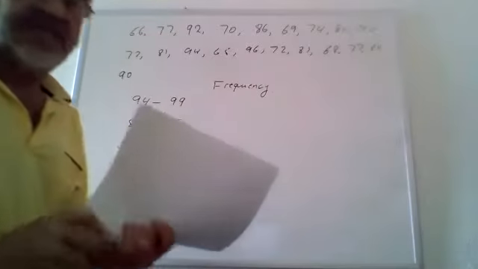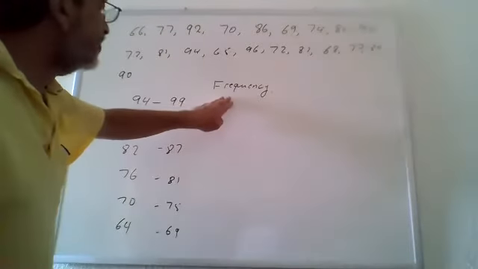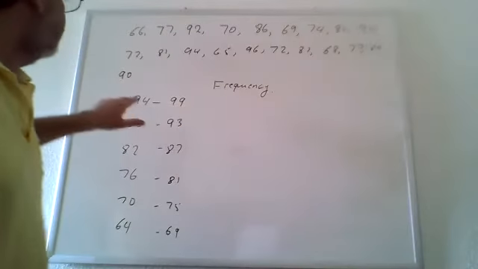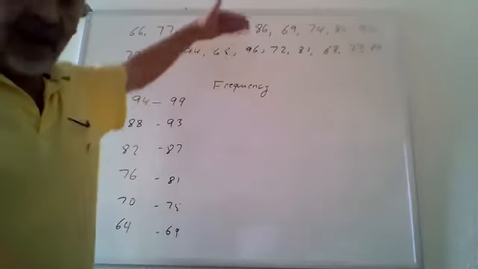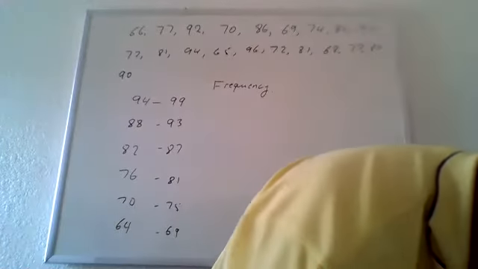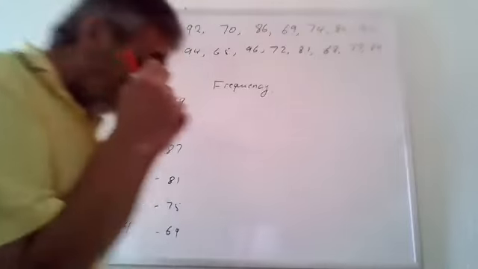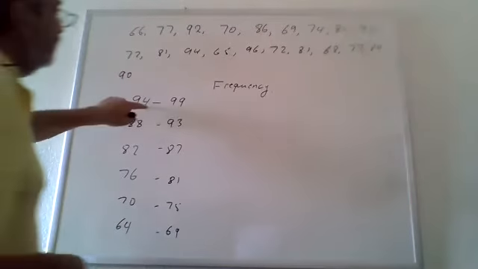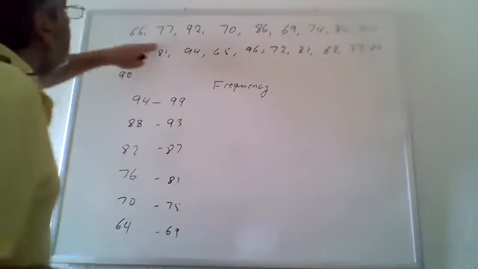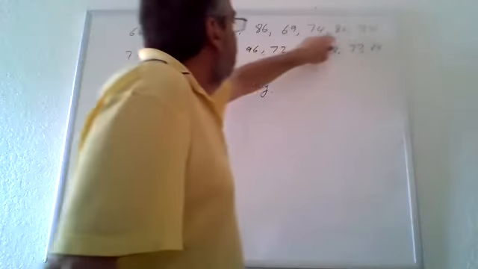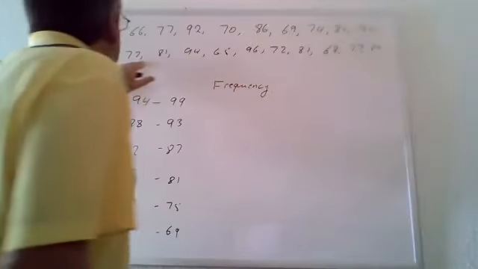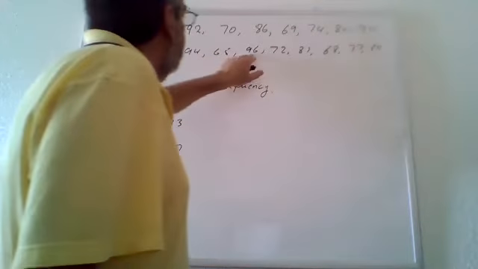The frequency tells me how many students got a score between 94 and 99 on the exam among these scores. So let's go ahead and figure that out. From 94 to 99, nothing yet. 1, 2, 3.